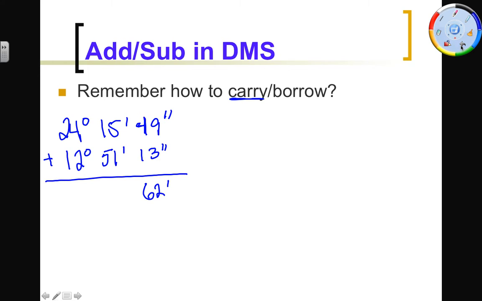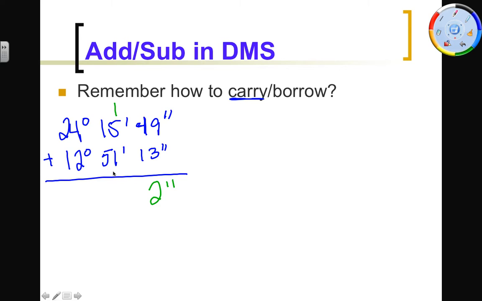So 62 comes down as 2 seconds. It's actually 1 minute and 2 seconds, right? So I'm going to carry the 1 up to the minutes and drop down the 2.